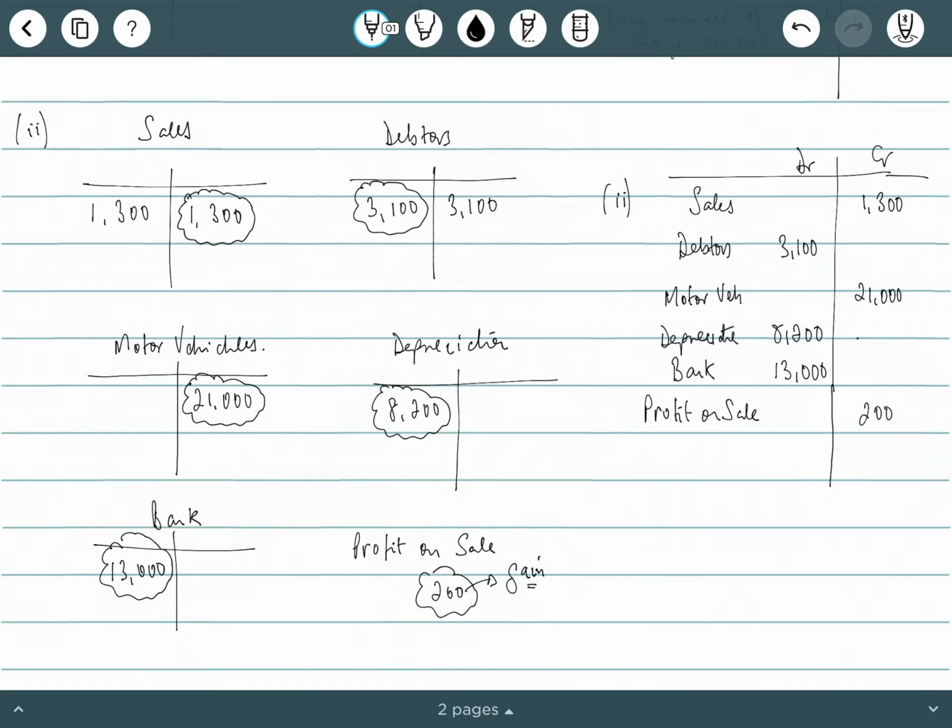Now, let's add them up here and see if we have a suspense. I strongly believe that we will have a suspense due to the error at the beginning. If I add up the right hand side there, 1.3 and 200 is 1.5, so that's 22,500. So the credit side is 22,500. If I add up the debit side, it's 3,100 plus 8,200 plus 13,000, and that gives me 24,300.